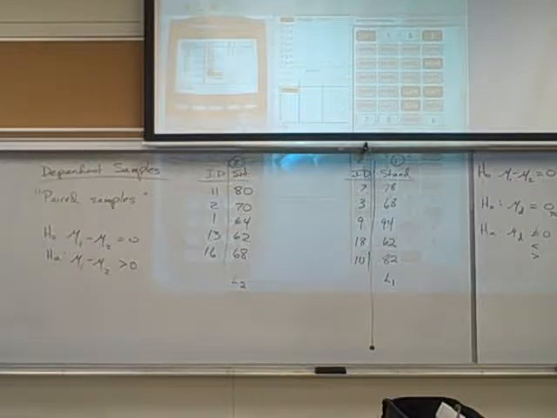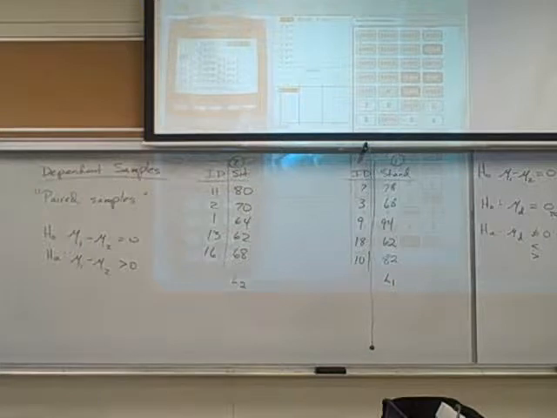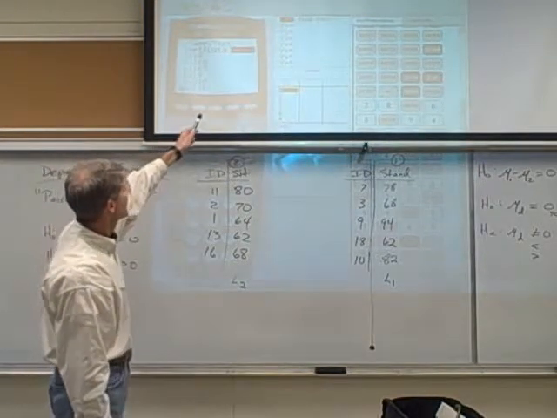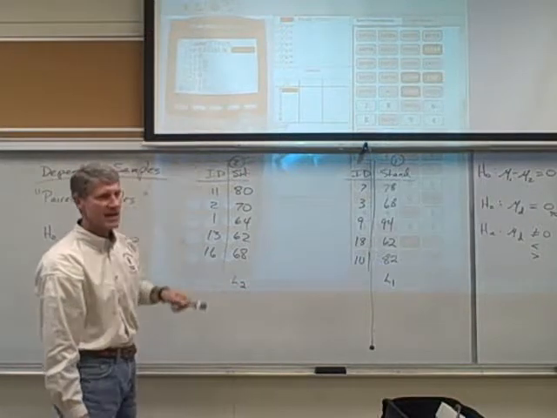So where do you go first? Stat, then test, then down to two-samp t-test. This is the independent samples test from last section, not this section. So when I hit that, do I have data or do I have stats?